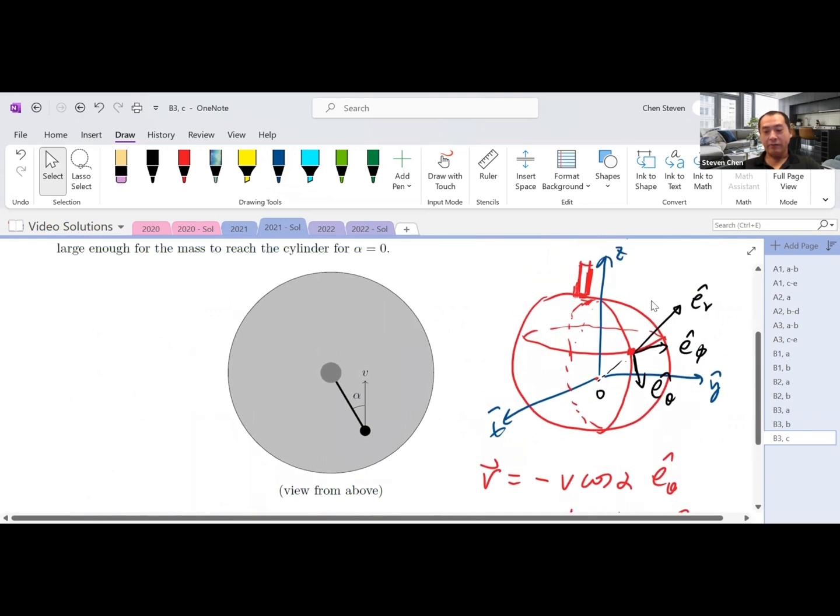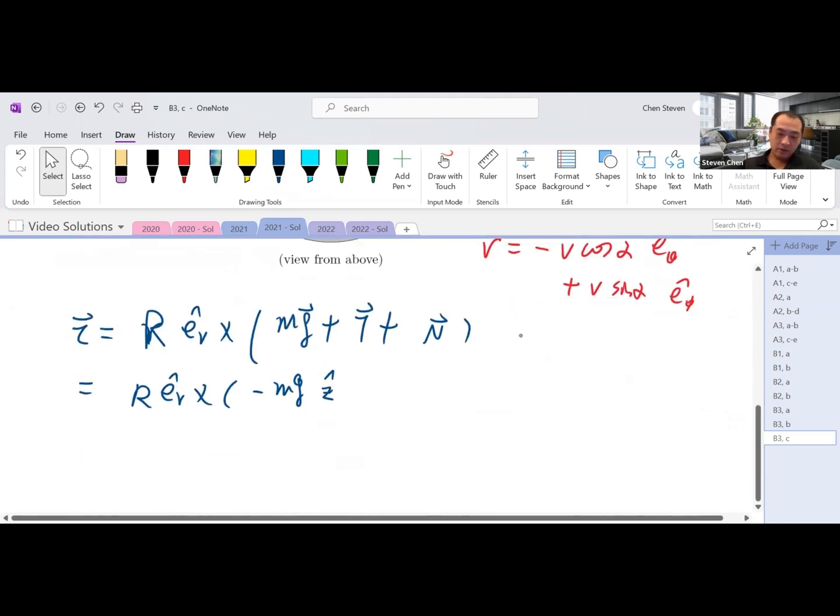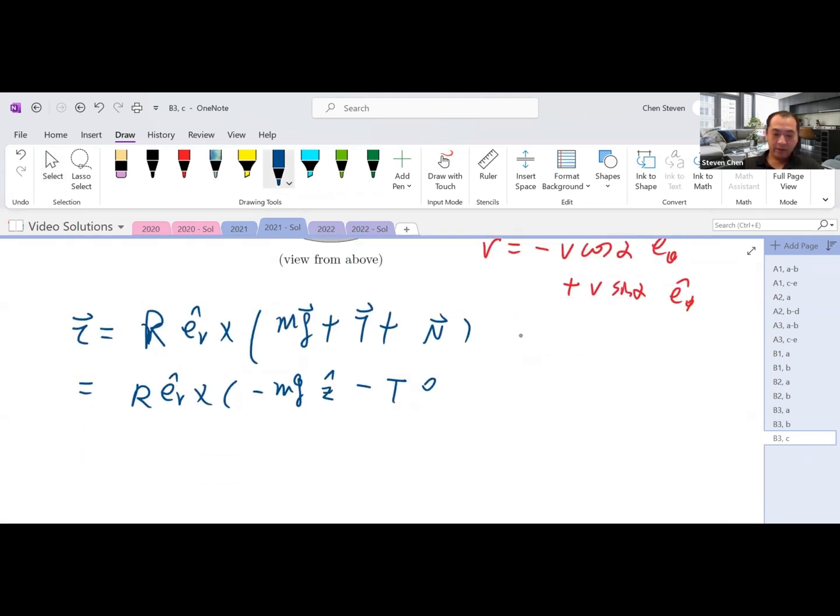Recall from the previous part, I showed that the tension should be on the longitude and it points towards the North Pole, right? So the direction of the tension is the negative side of E theta. Then what about the normal force? It is always in the radial direction.